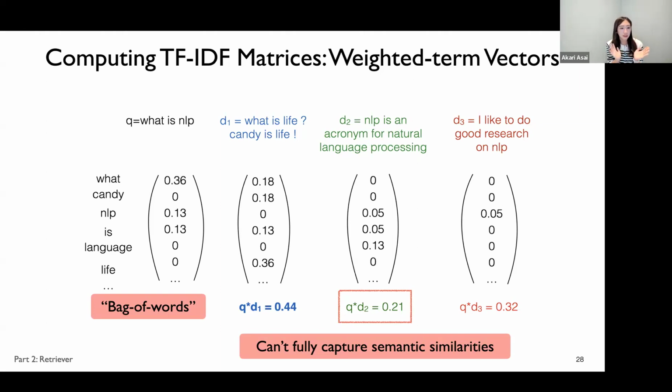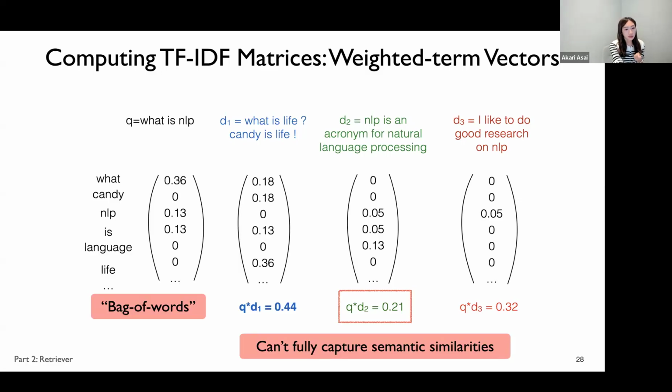And also, these lexical similarities cannot capture different paraphrasing. For instance, here D2 says "NLP is natural language processing", but this is not fully captured because we don't register those paraphrases well.